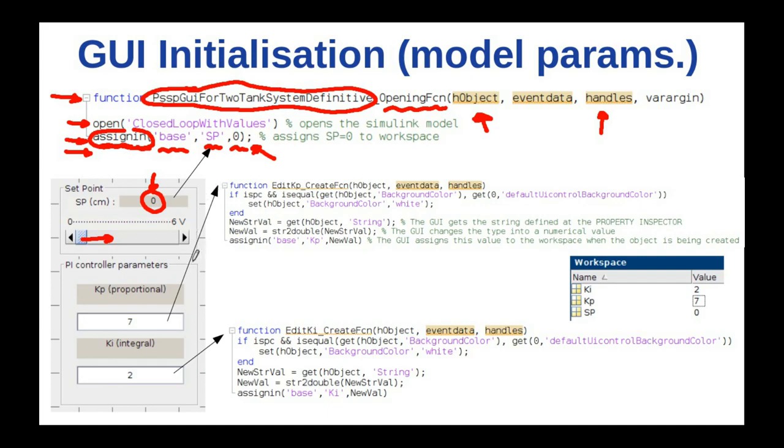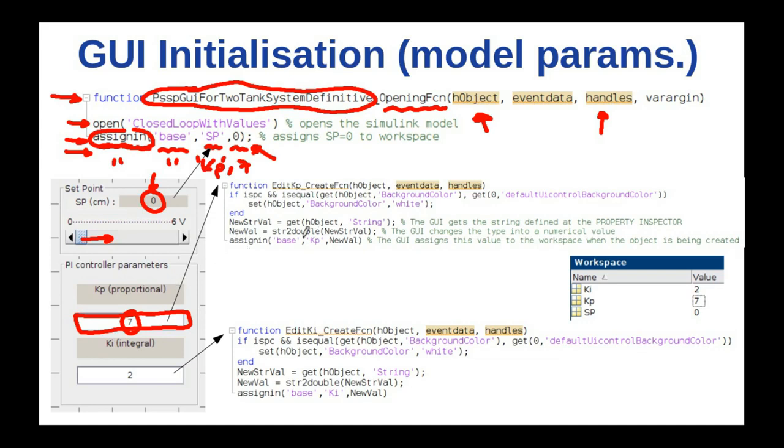So now what about when this is created? You can do the same assignin base 'kp', with kp between quotes, and then kp here a 7, because the user will see that the kp value is 7. So maybe the user agrees with this value. So the user will expect that this value is assigned in the workspace.